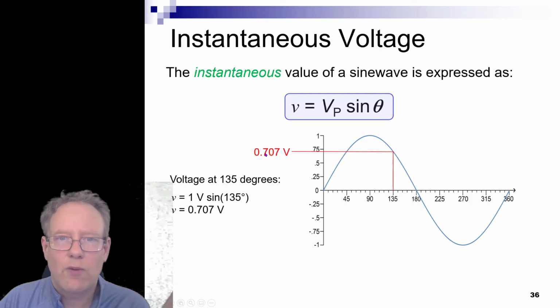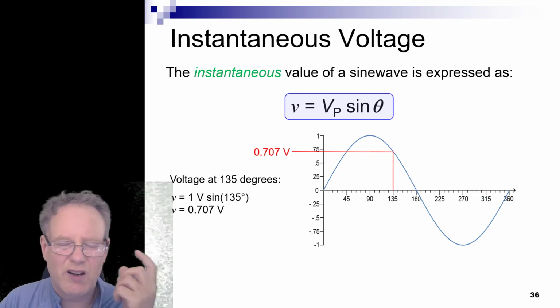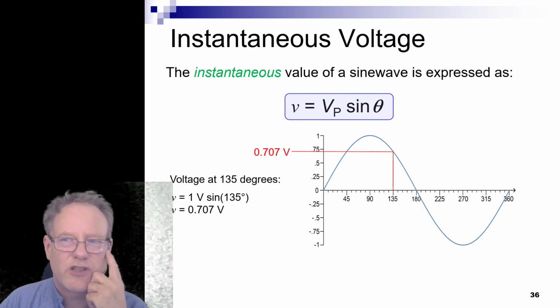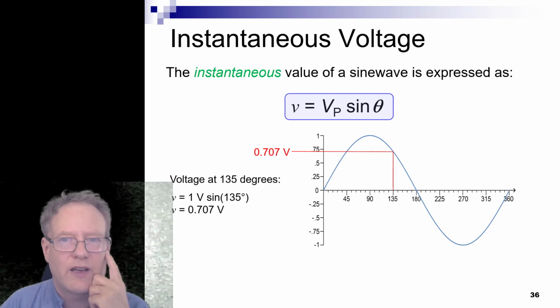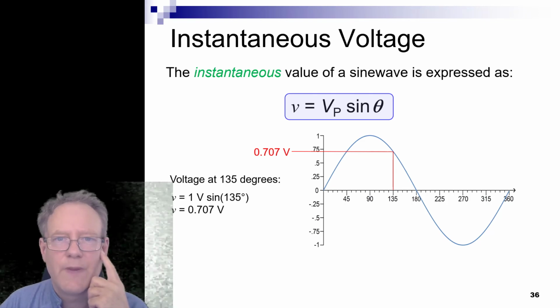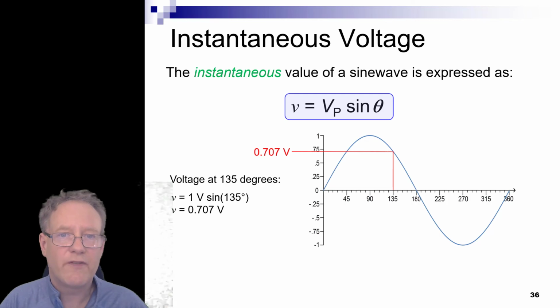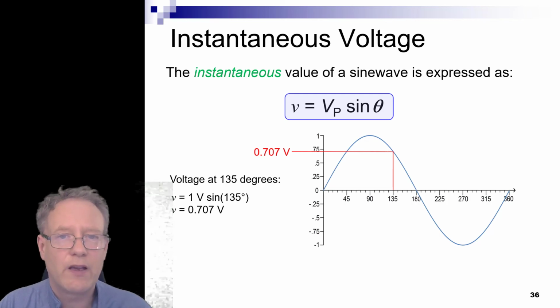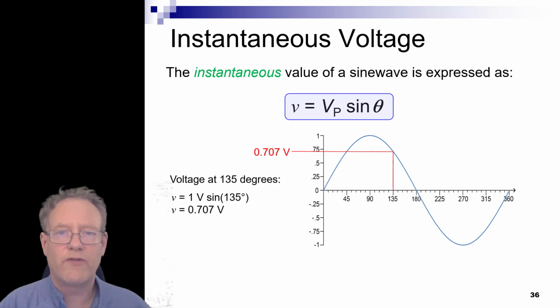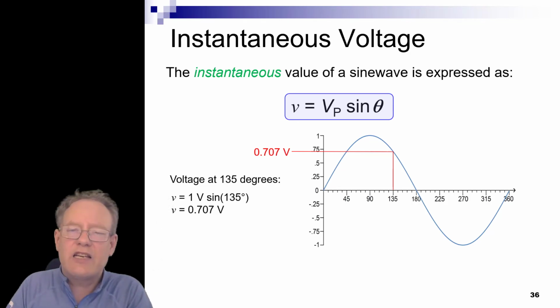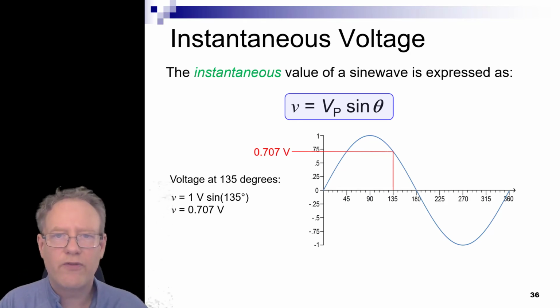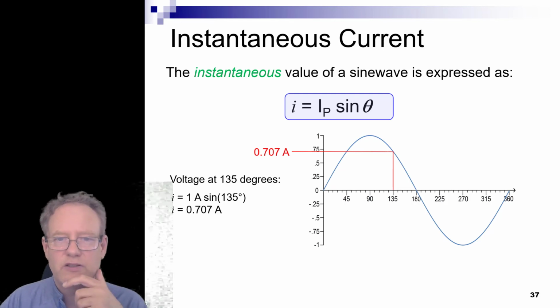I'm just saying, what's the instantaneous value at 135 degrees? I should have chosen some other value so you didn't think it somehow is 0.707. The only thing we can learn from this is that the instantaneous voltage of a waveform at 135 degrees is equal to the RMS. Just something interesting to note.